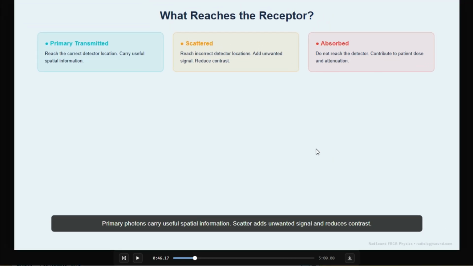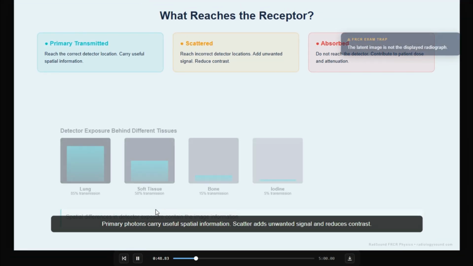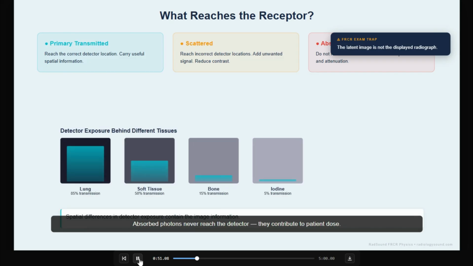It is also important to mention that absorbed photons do not reach the detector at all; they contribute only to patient attenuation. So we will have our latent image formed. That latent image will represent the transmitted photons based on the level of attenuation.